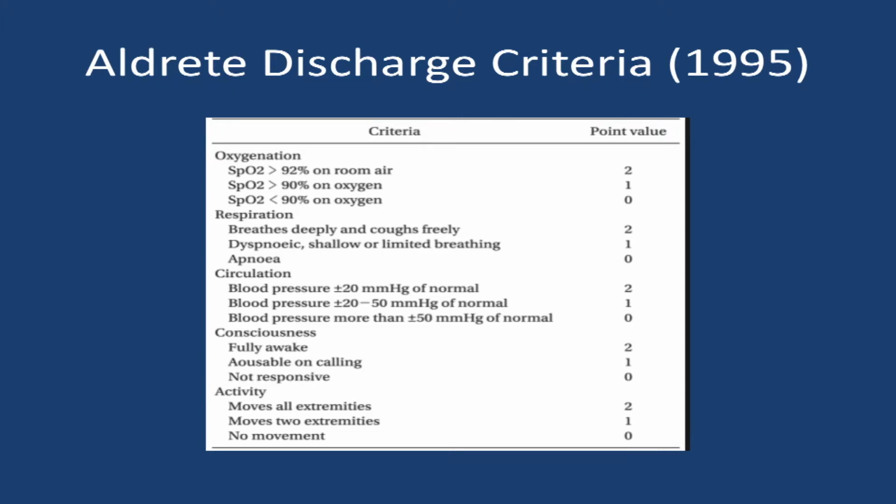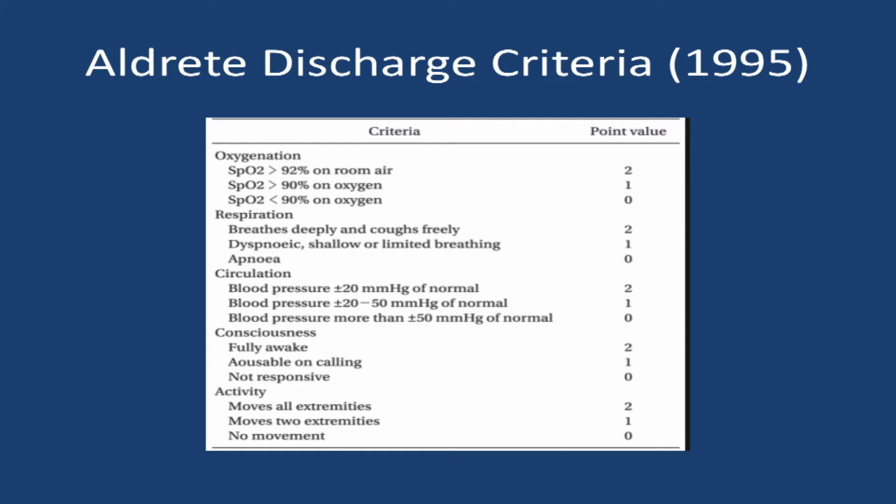They get a 2. If the patient is dyspneic, which means shallow or limited breathing, then they will get a 1. And if the patients are occasionally stopping for a few seconds before they take another breath, then they're still sedated to a degree and they get a 0. So as the patient recovers, when they get to that level of 2, then they can get back home.